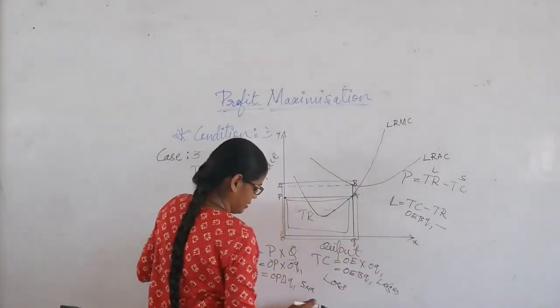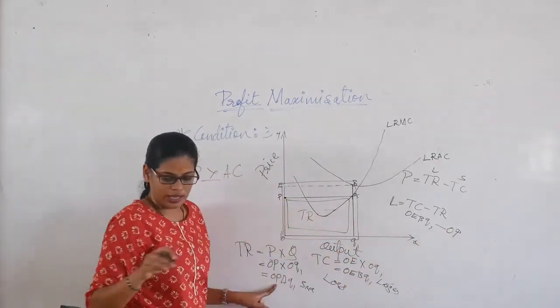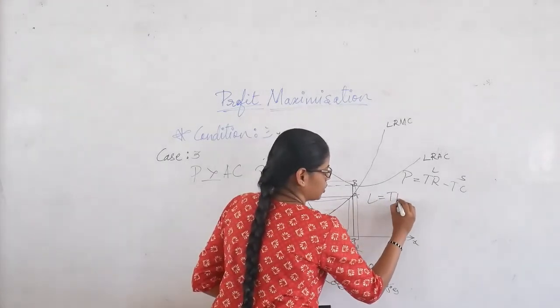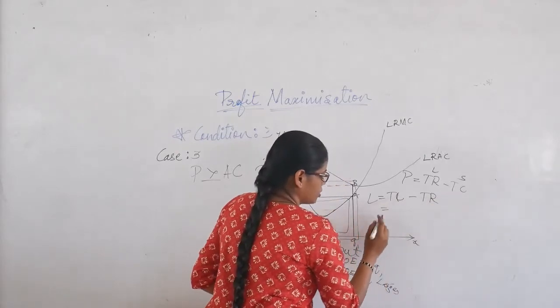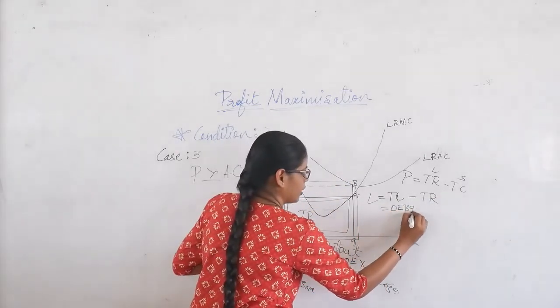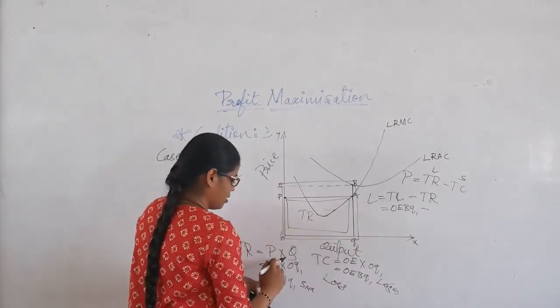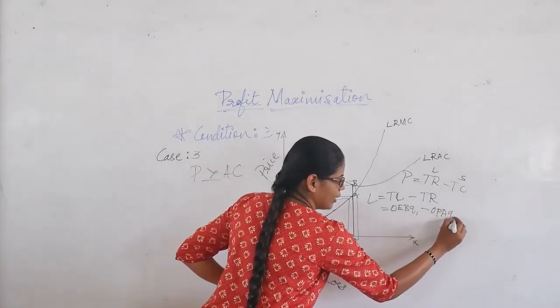Loss is equal to total cost, which is the area OEBQ1, minus the total revenue area, which is OPAQ1.